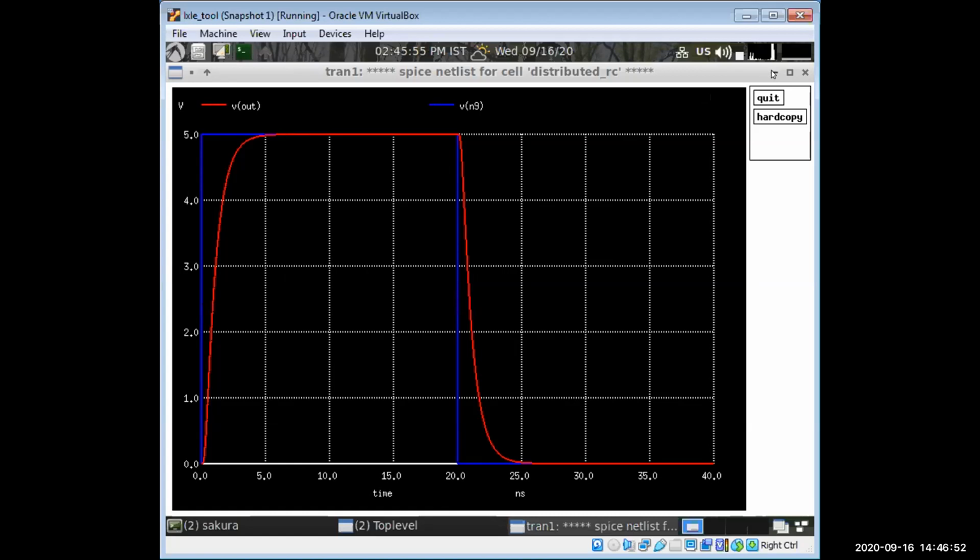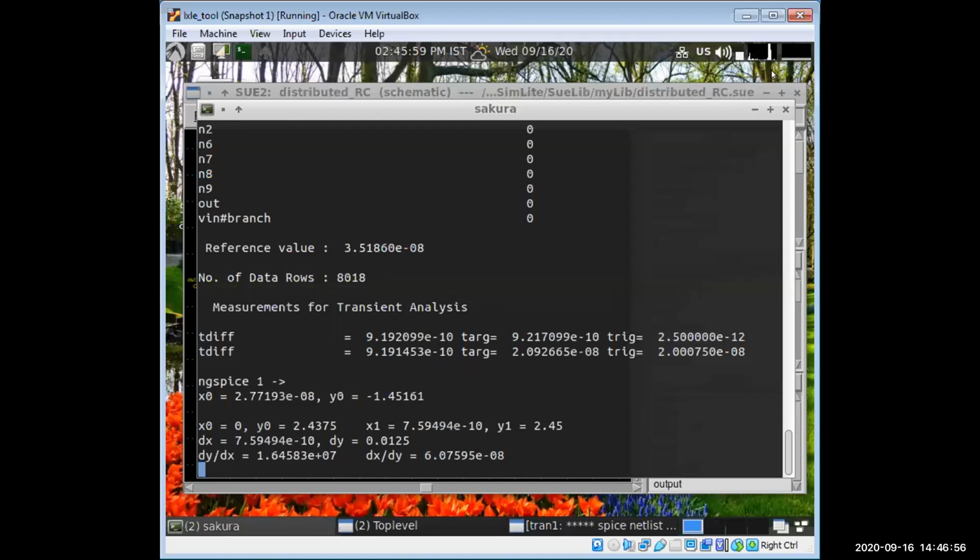So if we had done it with the lumped RC network, the propagation delay from A to B and B to A would be the same because the capacitance values will be the same. So that is a pessimistic approach, but here we are doing an optimistic approach and getting more accurate delay values.